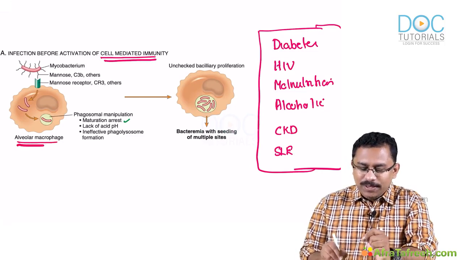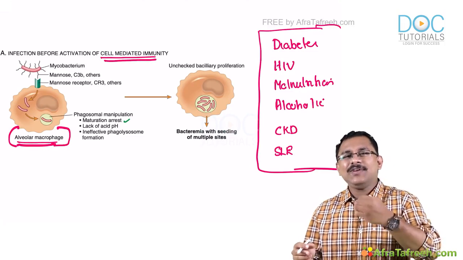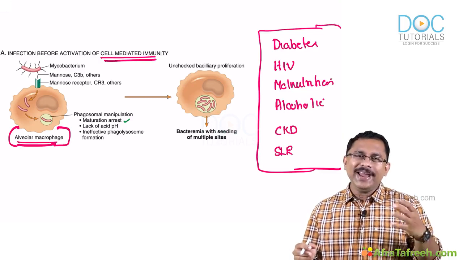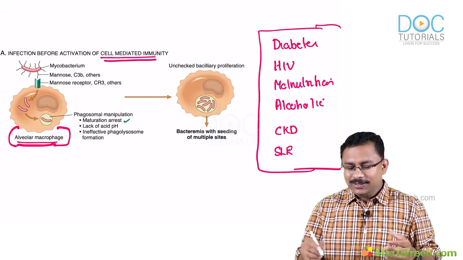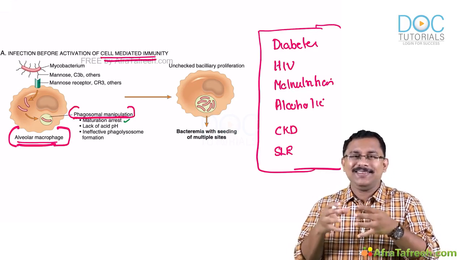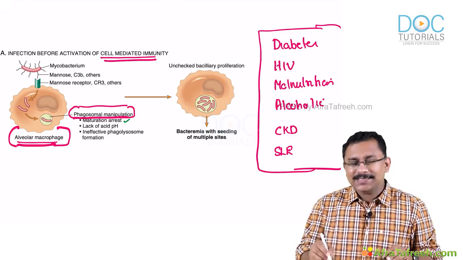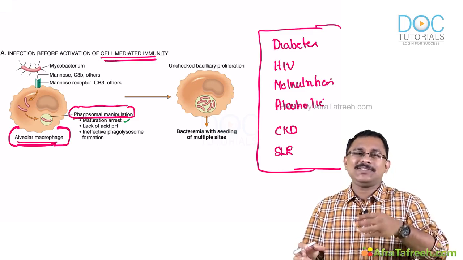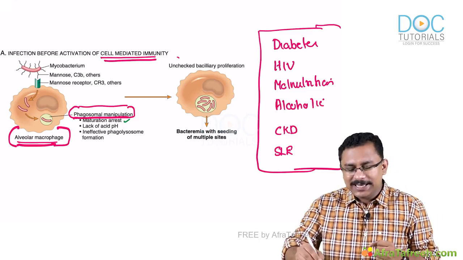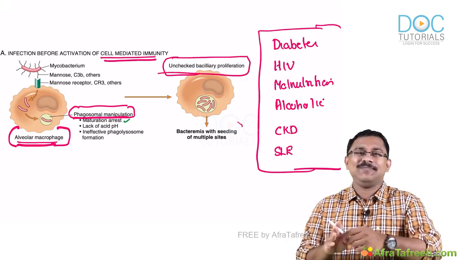So in such a scenario, you remember the major line of defense, your alveolar macrophages, they will not be able to contain the infection. So why is it not able to contain the infection? The problem is, the phagolysosome formation, which is very important to contain the infection and kill the tubercle bacillus, is not happening. So because of some mechanism, the Mycobacterium tubercle is not being killed by phagolysosome formation, and because of which, inside the macrophage itself, you will have proliferation of the bacilli.